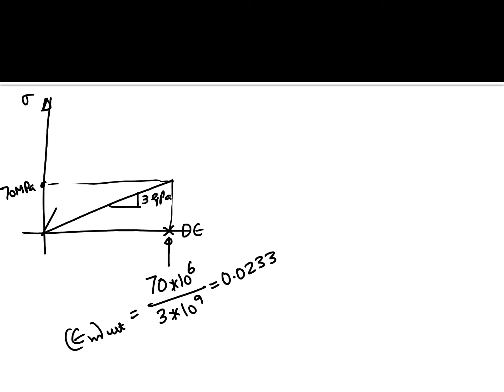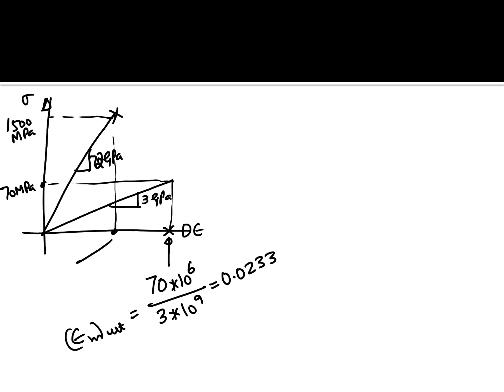Now if we look at the fiber, it goes all the way up to here. It breaks there. We know that the ultimate strength here is 1500 megapascals. So what will be the ultimate strain in the fiber? That's based on the Young's modulus of the fiber, 72 gigapascals.